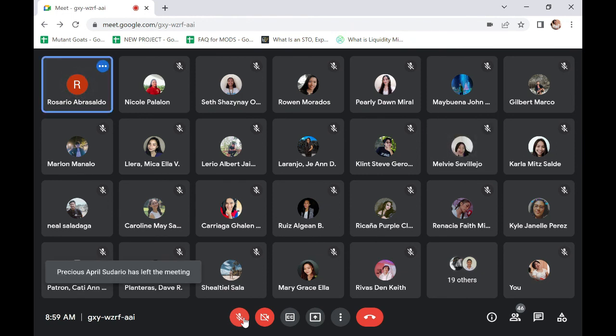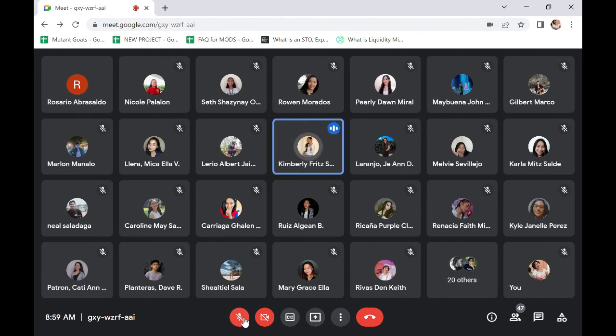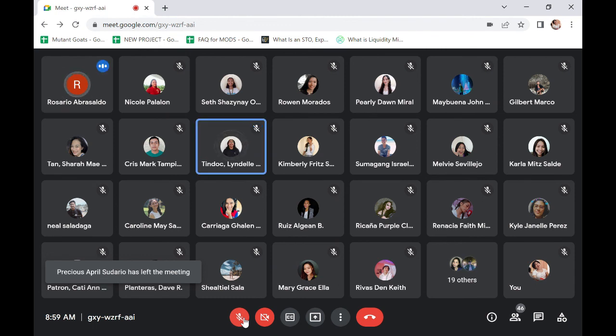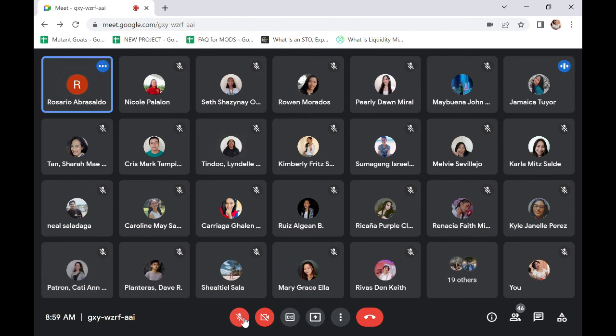Sudario, Precious, absent. Suwelto, present, ma'am. Sumagang, present, ma'am. Tampiok, present, ma'am. Tan, present, ma'am. Tindok, present, ma'am. Tuyor, present, ma'am.